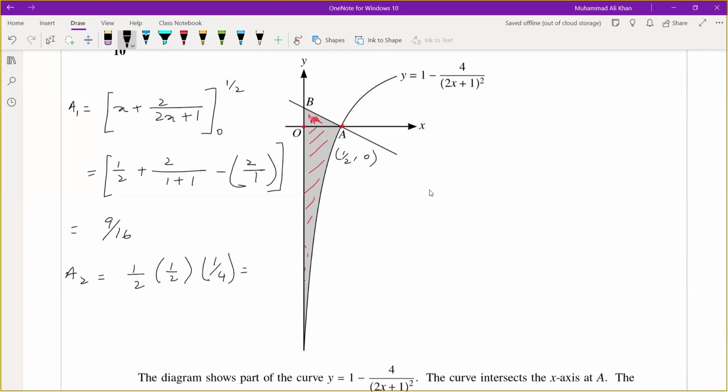A2 कितना आ गया हमारे पास 1/16. Therefore, the final area is the sum of both. So it will be 10/16. 10/16 is the final result for finding out the area of the shaded portion. Hopefully it is clear. There is no confusion in this.